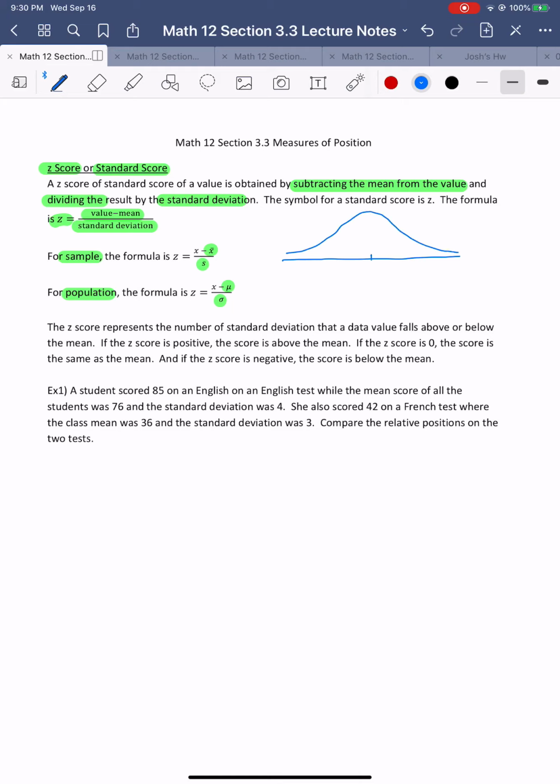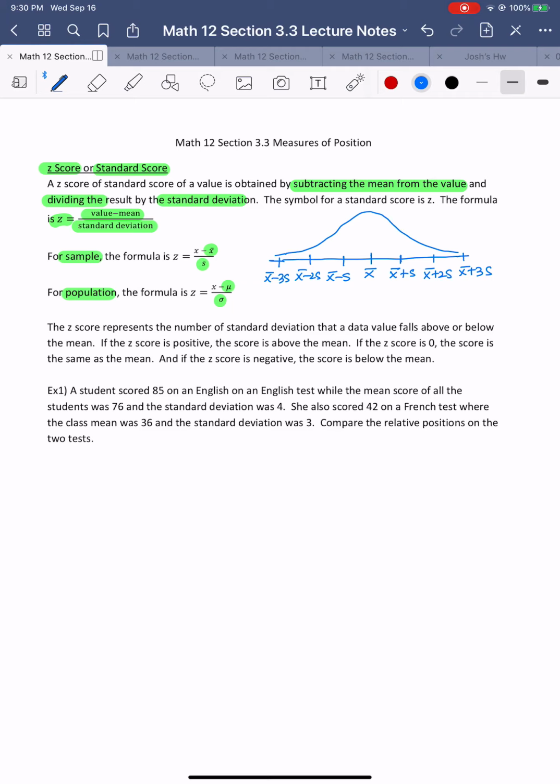In the middle is the mean, then the first place to the right is one standard deviation, the next is two standard deviations, and then three standard deviations. On the left, you have x bar minus 1 standard deviation, x bar minus 2s for two standard deviations, and x bar minus 3s.